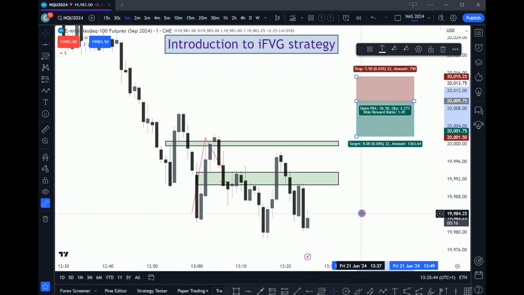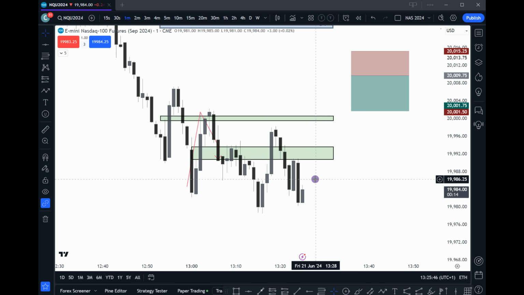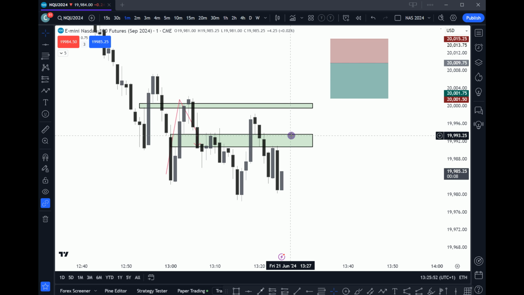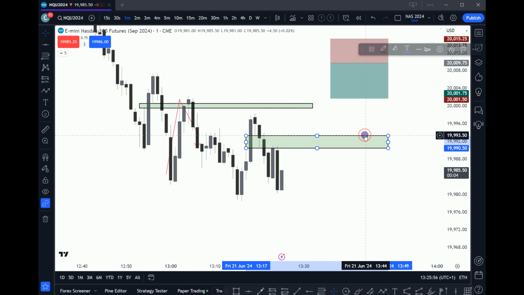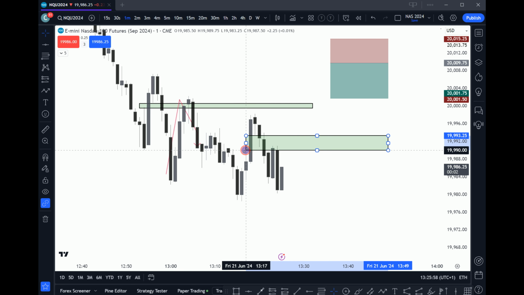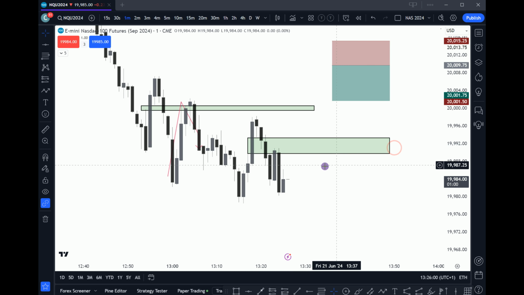So that's two examples. There's probably a third one brewing here. As I said, this is literally real-time price action. So if we move this over to here, another fair value gap has just been put in. Again, we'd expect it to come down, respect it and move away. It didn't.